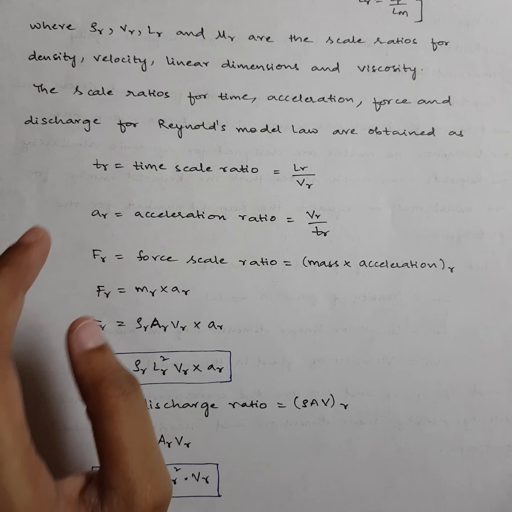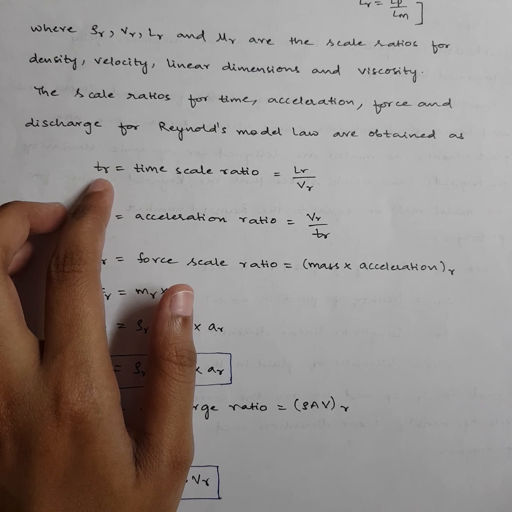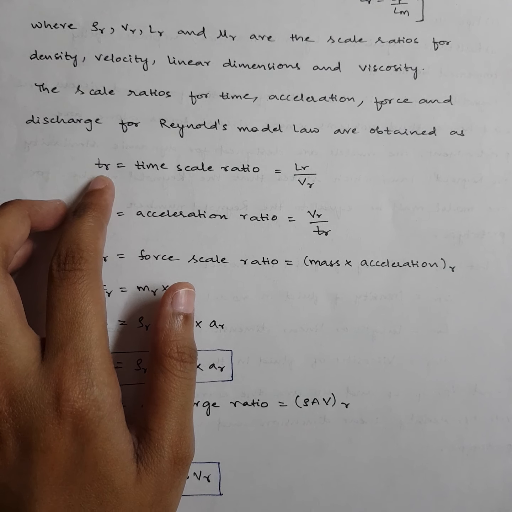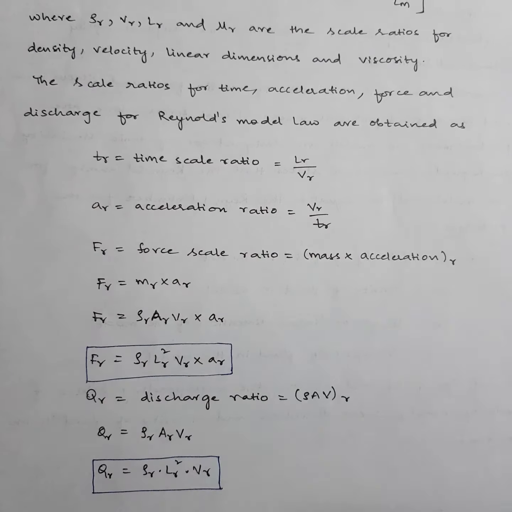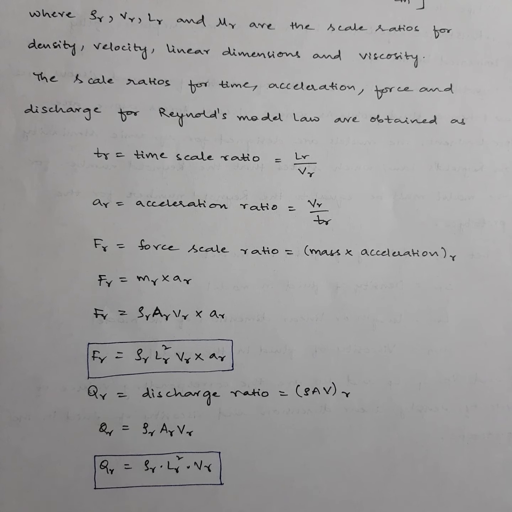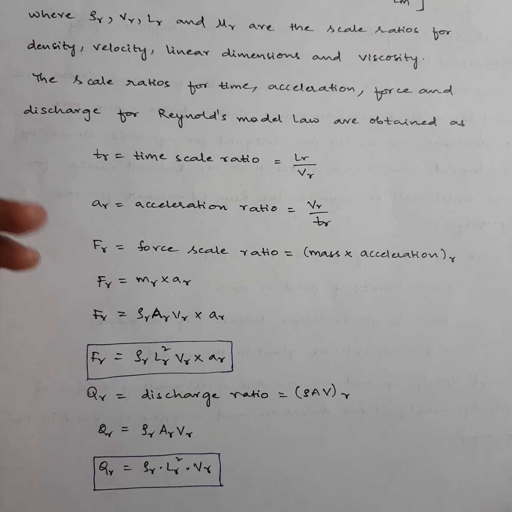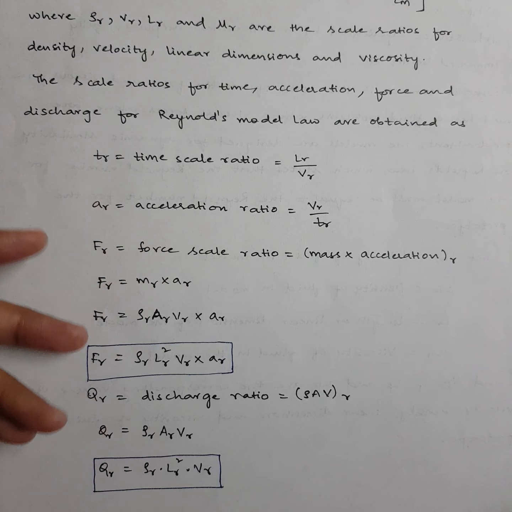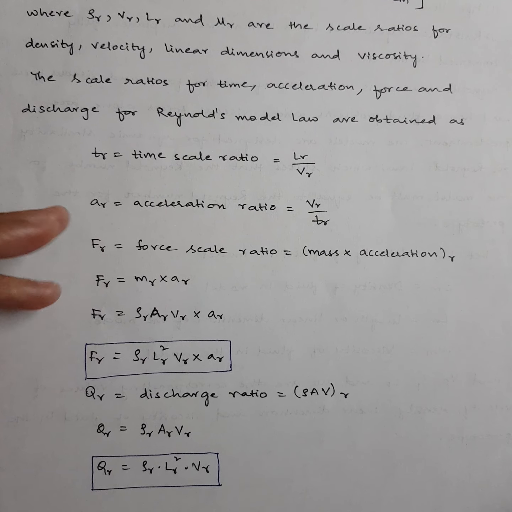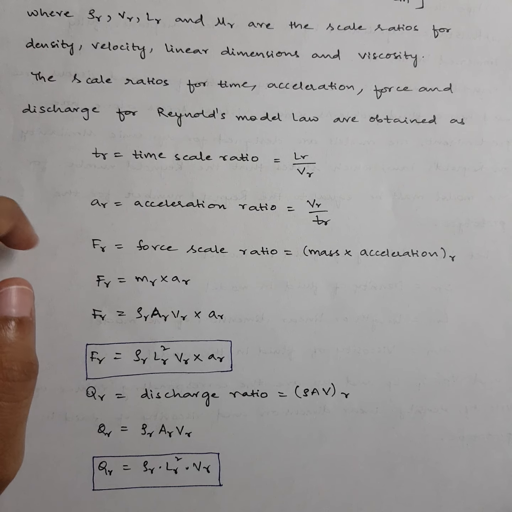For example, Tr, the time scale ratio, is Tp by Tm. If the Tp by Tm value is given, and Tp value is given, then you can calculate Tm from that. Like that, for the calculation of missing quantities either in model or prototype, you require the formulas of scale ratios.